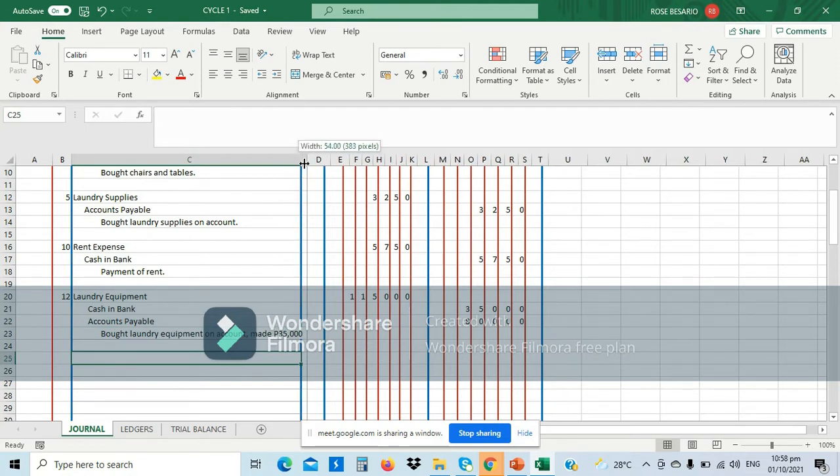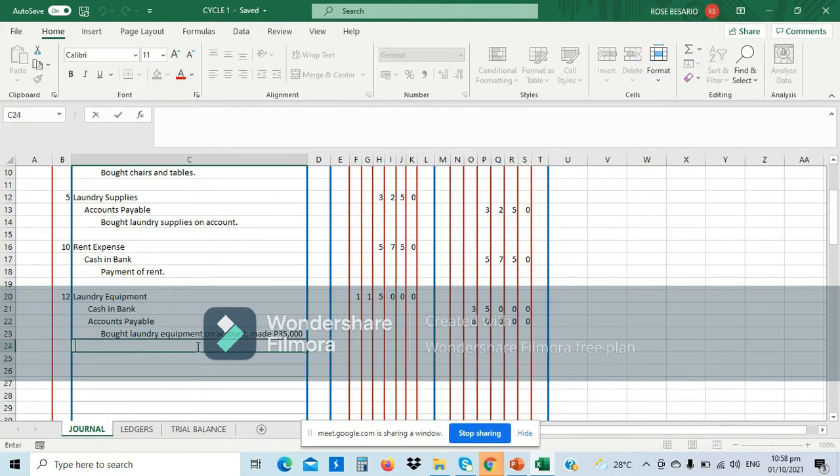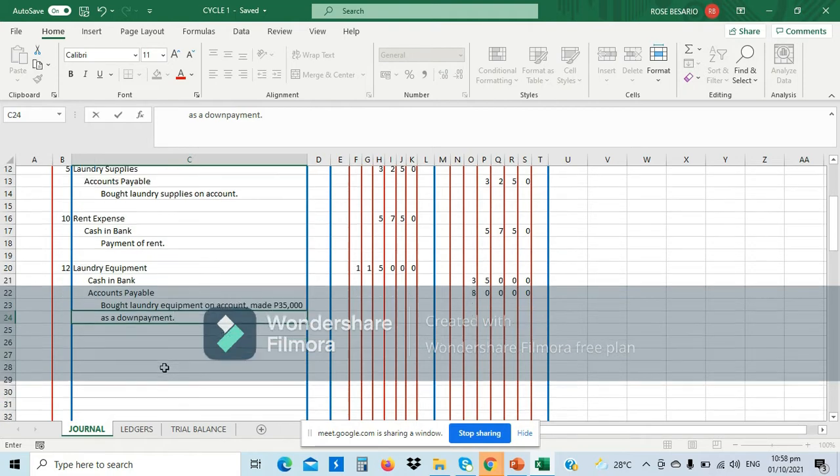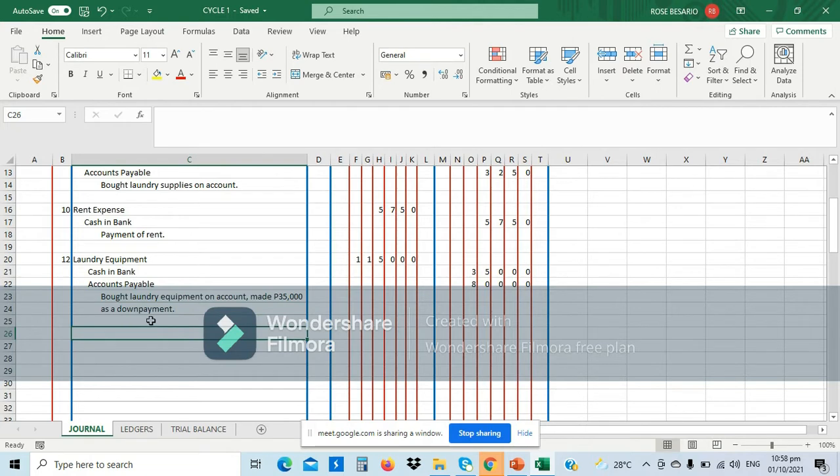I just adjust this one. It's a down payment. Okay, so that's May 12. Then we'll proceed to the next transaction. So leave one space.